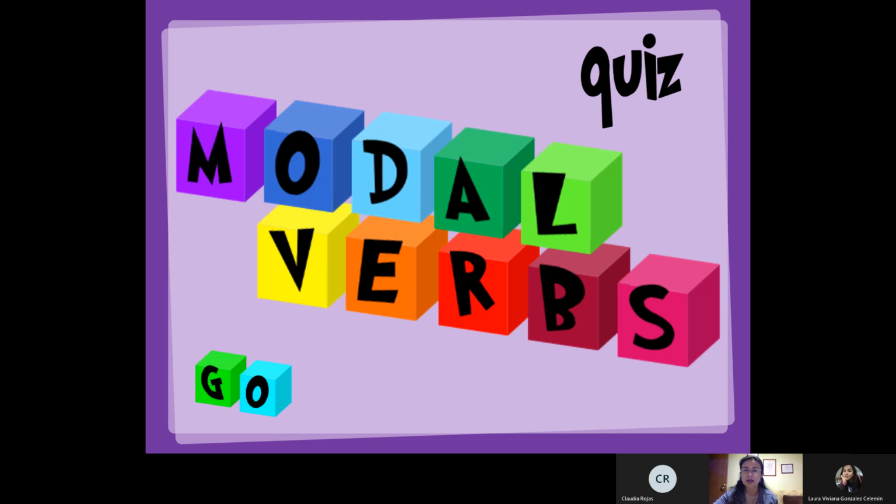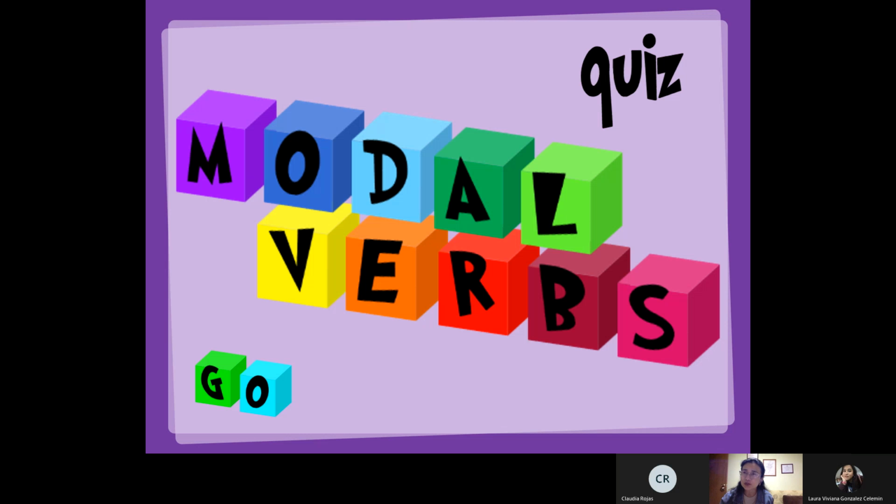Okay, we are going to answer this modal verbs quiz. So the idea is that we are going to choose the appropriate modal in order to complete the sentence.